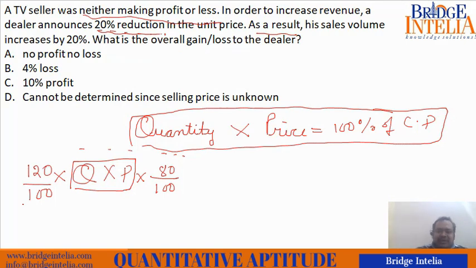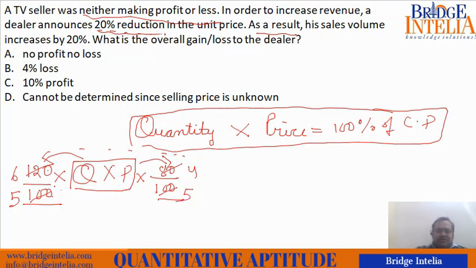Now things have changed in two respects. Quantity becomes this much, price becomes this much. So what is the net effect of this change? So let's see the net effect. 120 by 100 is 6 by 5, and 80 by 100 is 4 by 5.